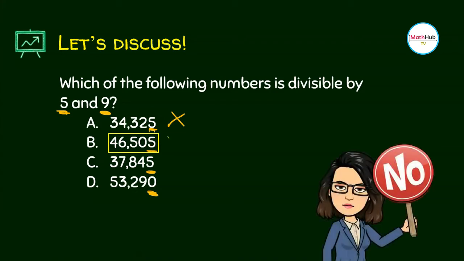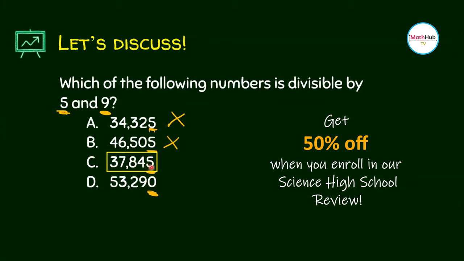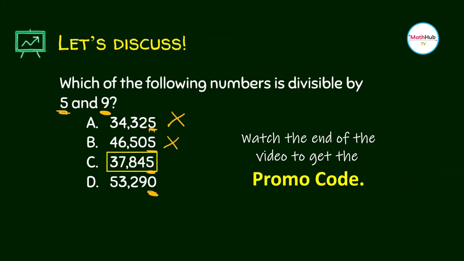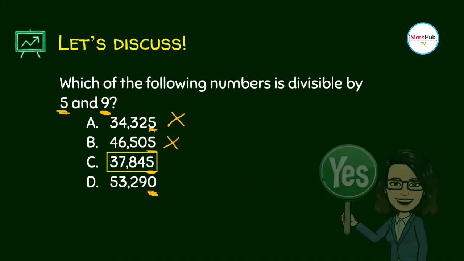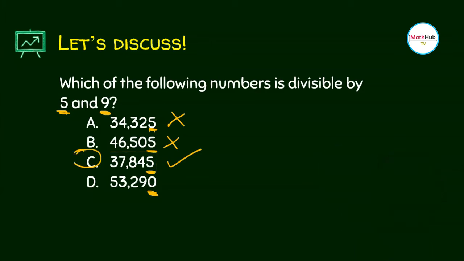Again, not divisible by 9. Next, 3 plus 7, 10 plus 8, 18 plus 4 plus 5. That's 18 plus 9, and that is 27. 27 is divisible by 9. So there you go. That's our answer.